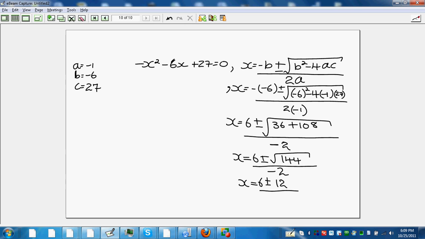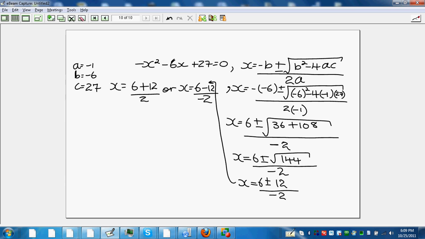So if we take this and we come up here, what we realize is that x is equal to 6 plus 12 over minus 2, or the other possibility is that x is equal to 6 minus 12 over minus 2.